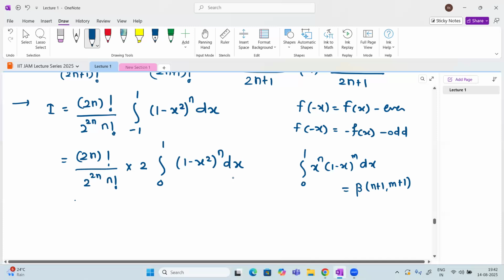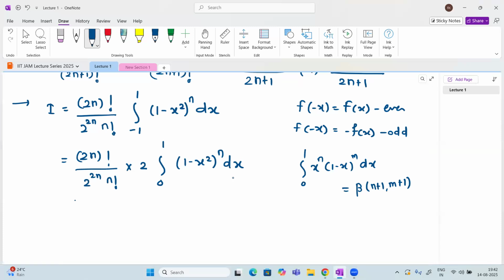Then 1 minus sin square theta becomes cos square theta. That means you wish to convert the problem in terms of sine and cos, the polar form. You know this formula: the integral of sine raised to p theta, cos raised to q theta, d theta is equal to half beta of p plus 1 by 2, q plus 1 by 2.